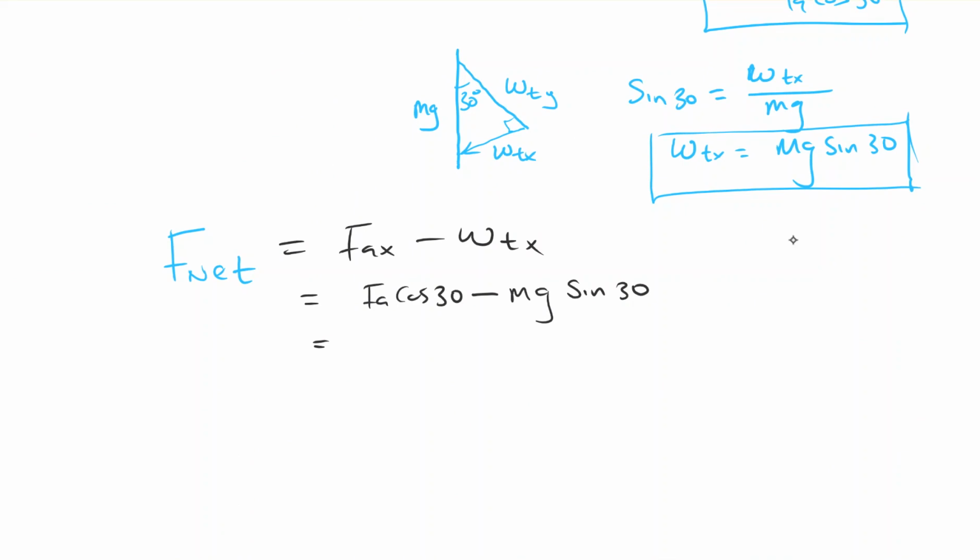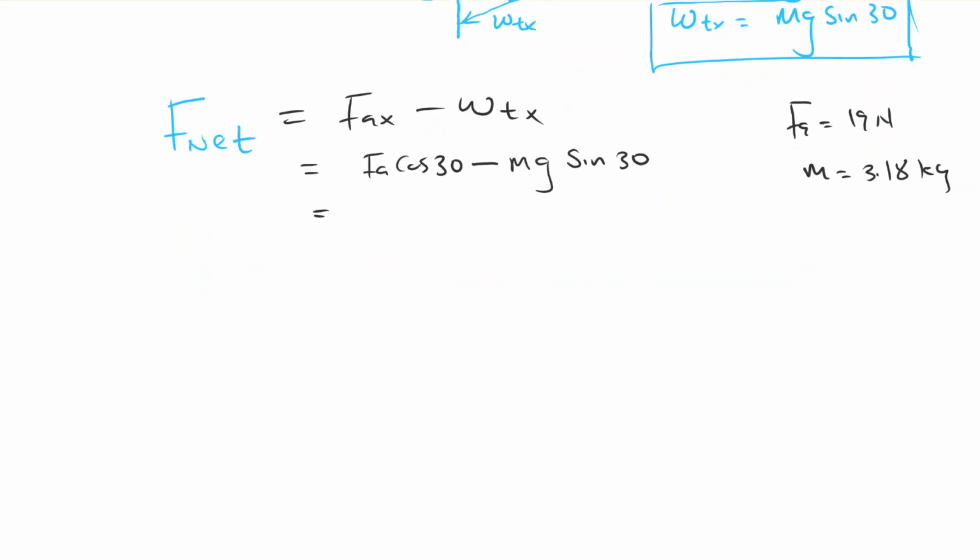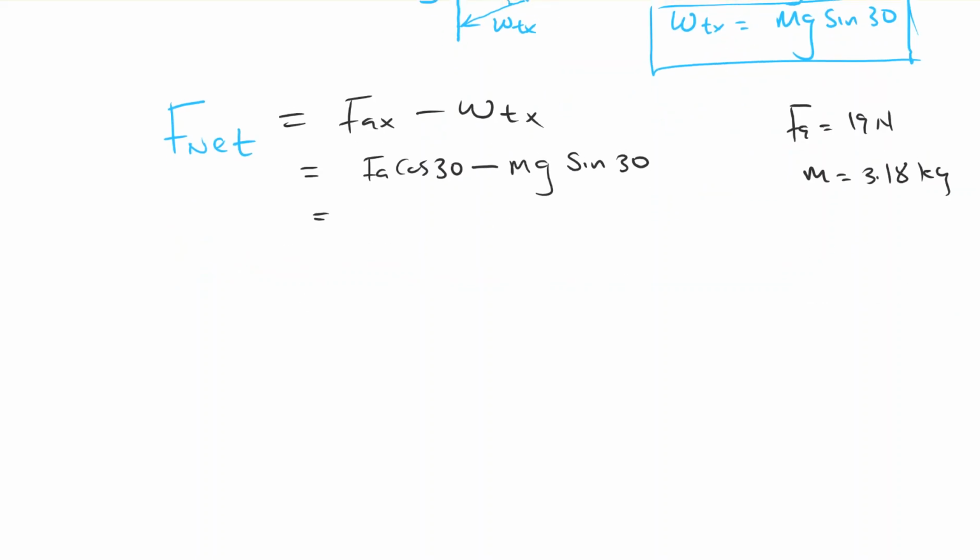So I'm going to just write it on this side. FA is 19 Newton, m is 3.18 kg. So we have everything we need to compute the numerical value for this, right? So we have 19 cosine 30 minus 3.18 times 9.81 gravity sine 30, right?